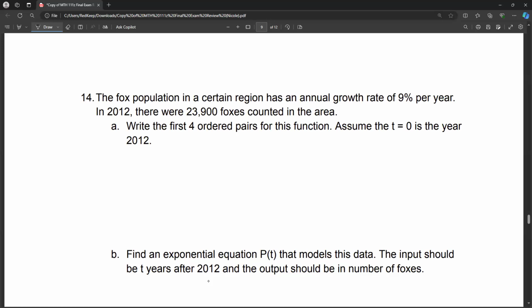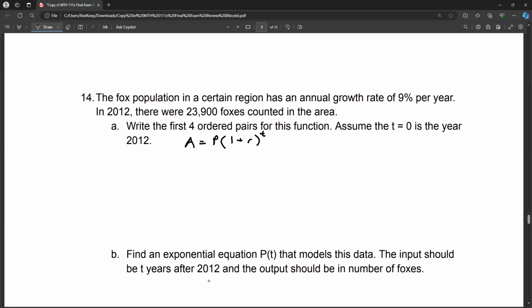It might be helpful to begin just to state what kind of equation we're going to be using here. So this is the form that I have it in: A is equal to P times 1 plus R, which is my rate, raised to the power of T. My independent variable here is time.